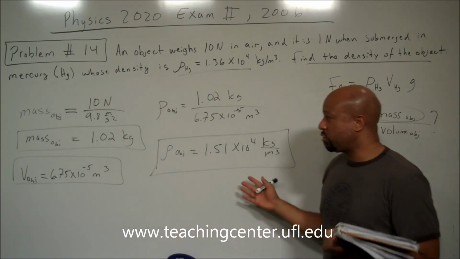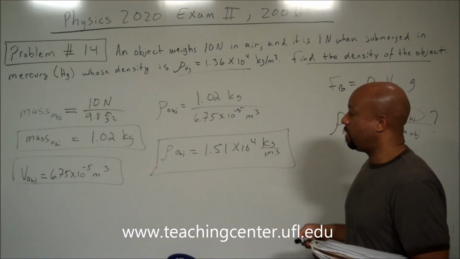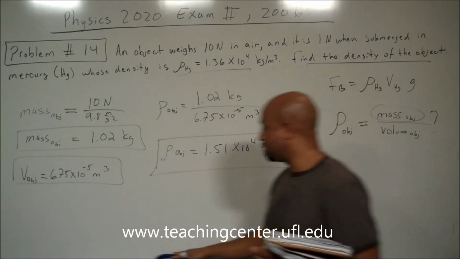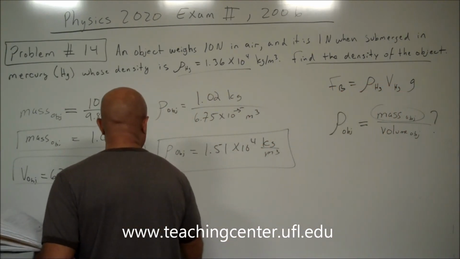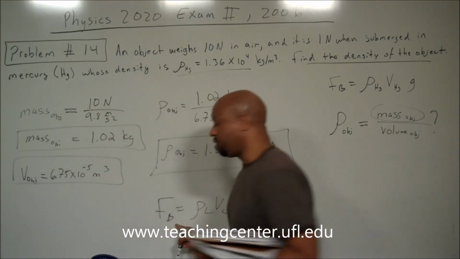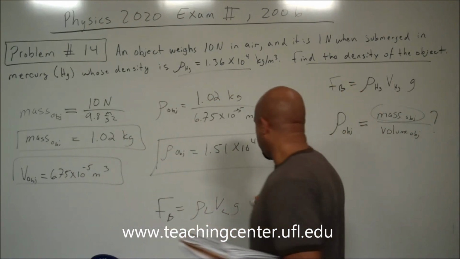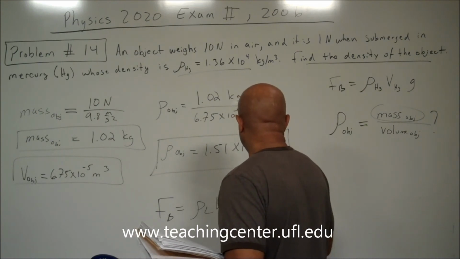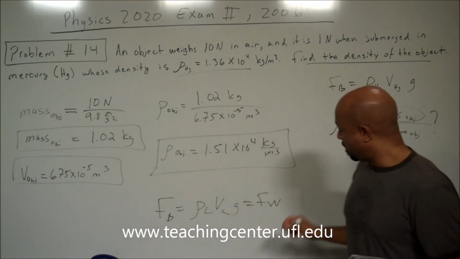So I guess the trick to this problem was we had this relationship with Archimedes' principle that says that the buoyant force is equal to basically the weight of the object in the liquid.